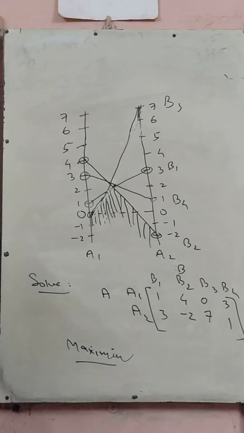So I hope that you have understood the graphical idea of the game. Finally, the value of the game, since this is the final matrix I told you because I have already shown the dominance part, is 1 into minus 2, that is minus 2, minus 3 into 4, minus 12, divided by minus 1 adding these two, and this is minus 7.